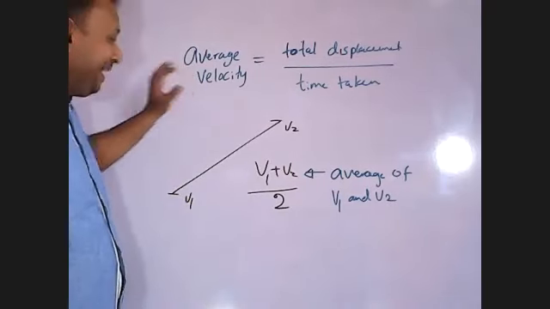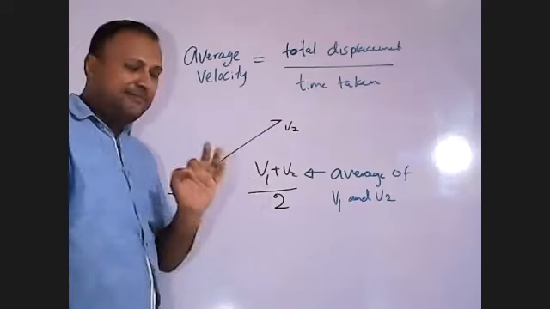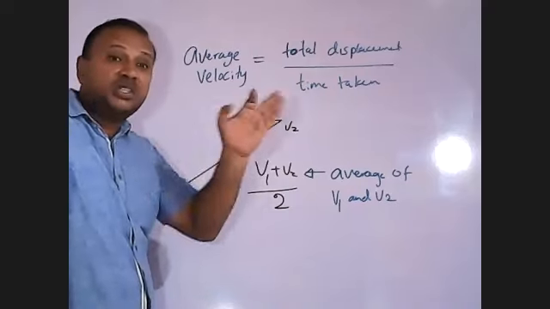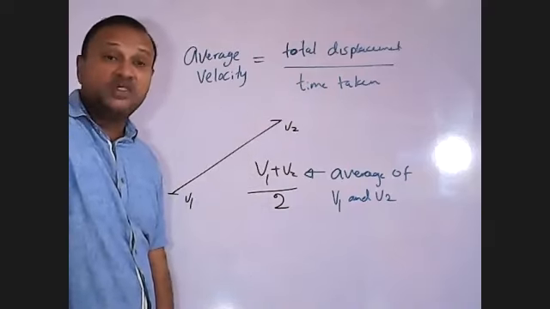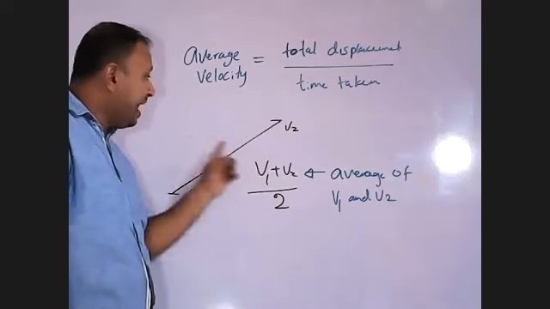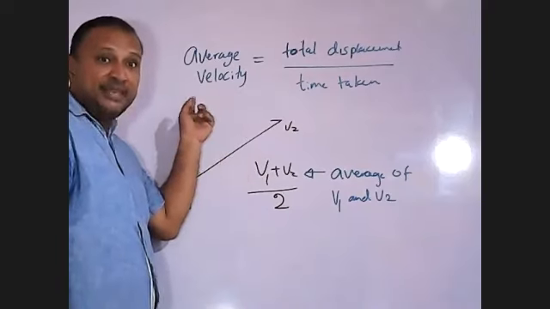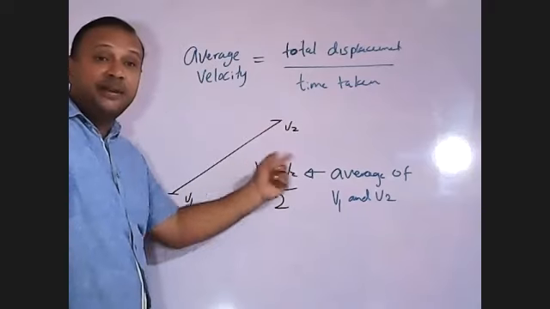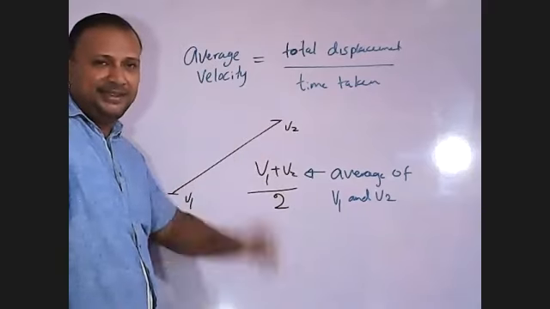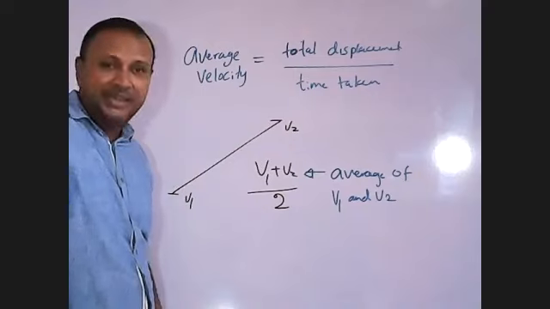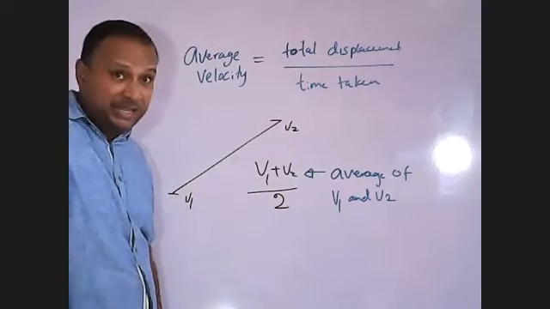But if the motion is a constant acceleration motion, the average velocity will be equal to the average of two velocities. I will explain how that happens.